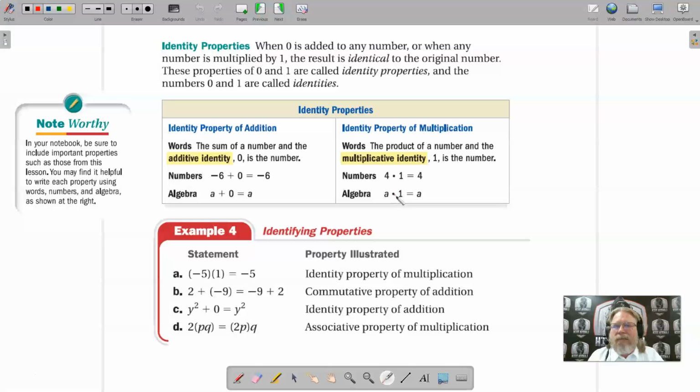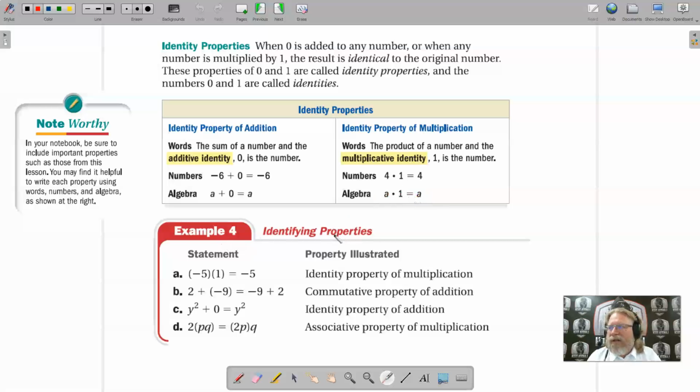So the identity element of multiplication is 1. A looks into the multiplication mirror of 1 and sees itself. So a plus 0 equals a, so the identity element of addition is 0, and a times 1 equals a, so the identity element of multiplication is 1.